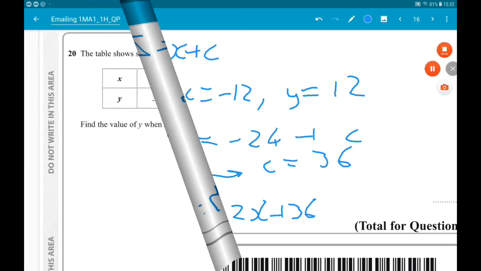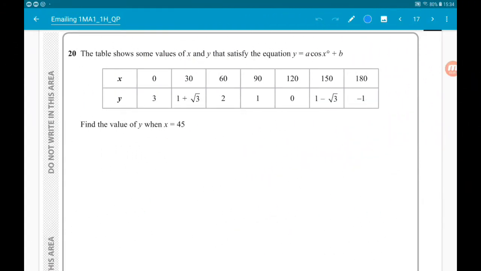Cool. Okay, number 20. So this is a pretty big one as well, which also relies on knowledge of exact trig values. Now I've done a brand new video on that, which is linked down below. So if you don't know how to work them out, check out that video.